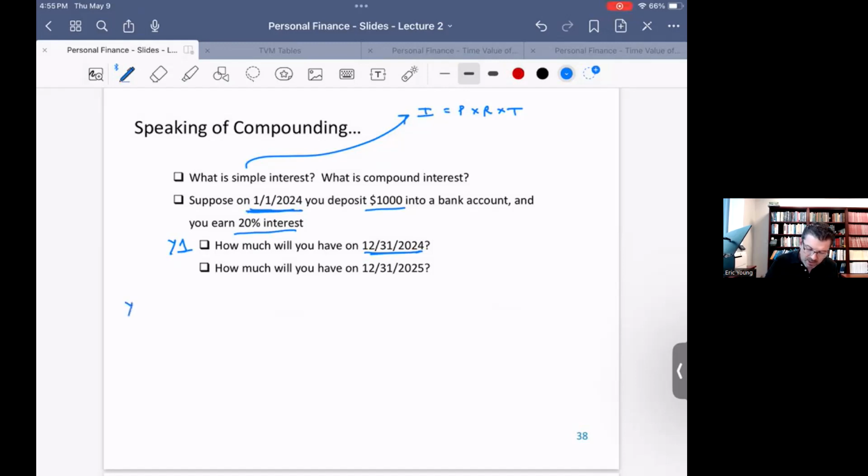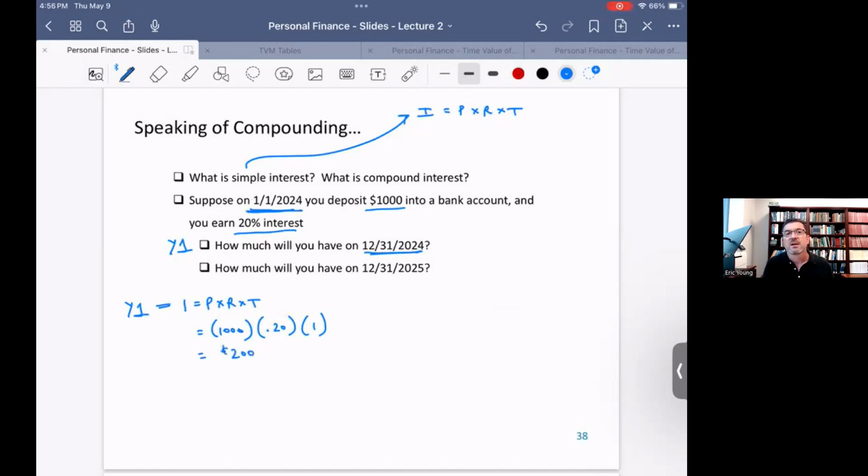We'll say in year one, your interest will be equal to P times R times T. It's going to be the $1,000 that you deposited multiplied by the 20% interest rate, which we'll do as a decimal, 0.20. We're looking at it for 1 year. So our T, our time period, is 1, and this will be $200.